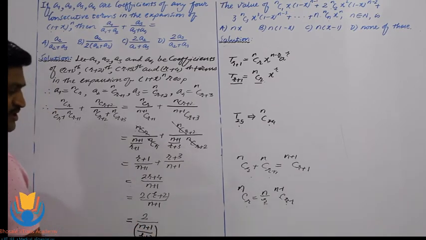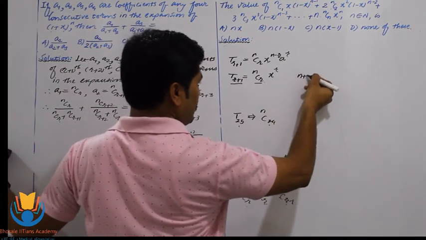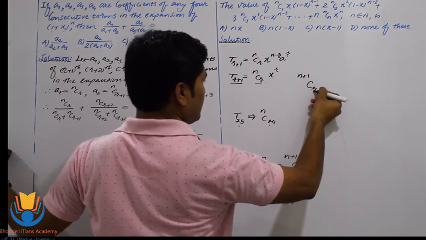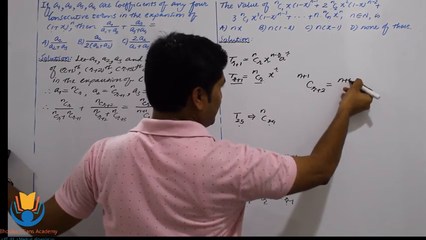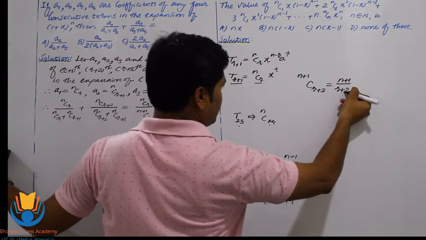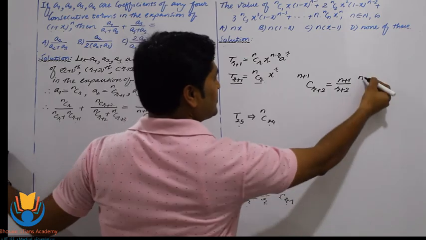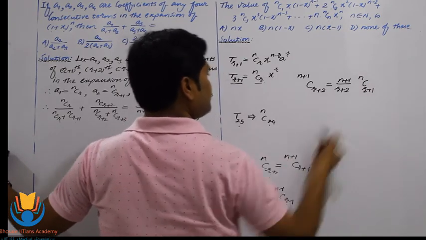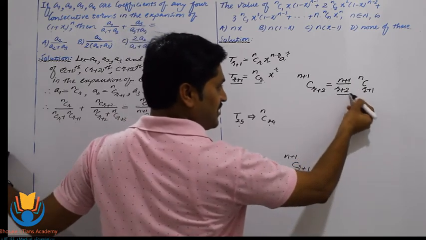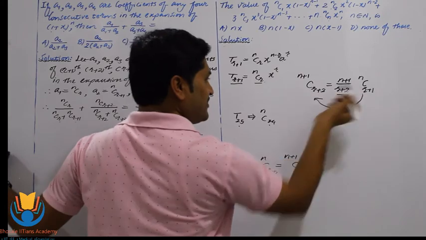So now for that we are going to write something. We will consider this combination: (n+1)C(r+2) is always written as (n+1) upon (r+2) into nC(r+1). As I said, we have to decrease those two values by 1 each, so that will become like this. So if I want the value of that part, that value will be this combination upon this combination.